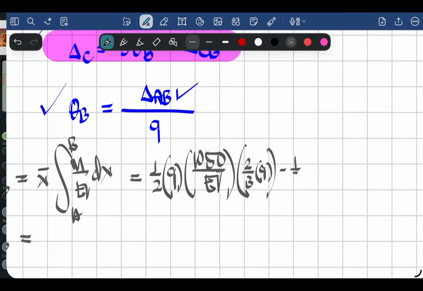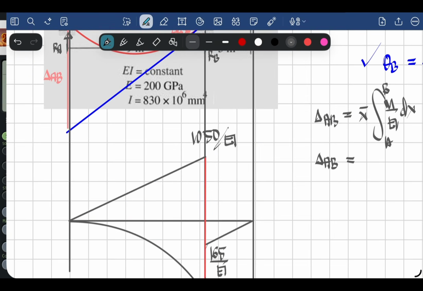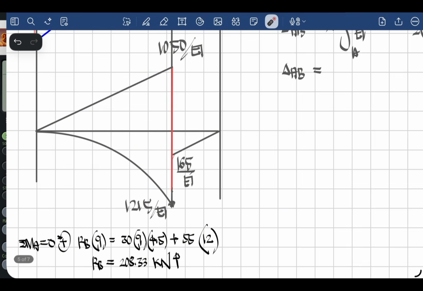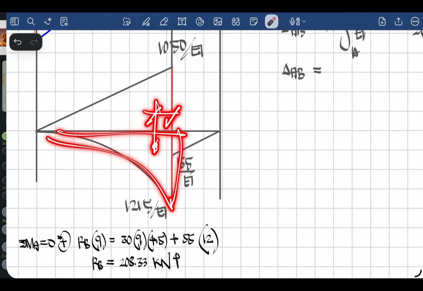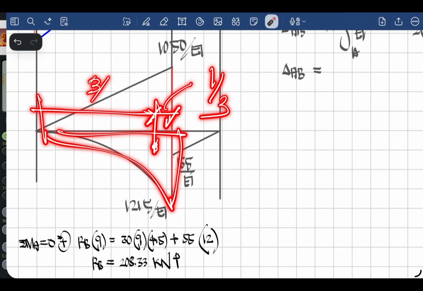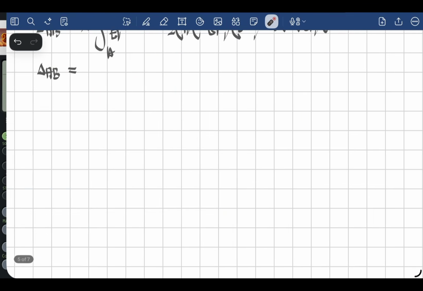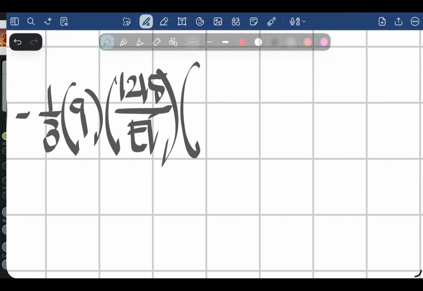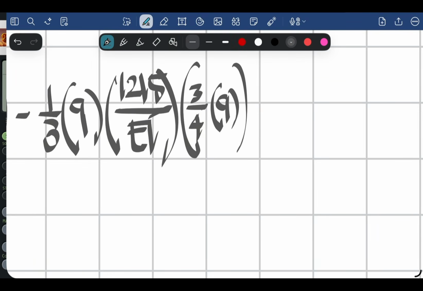Minus 1/3 base, height is 1215 over EI, times the perpendicular distance. For this area, measured also from point B it is 1/3, so toward A it is 3/4 of the base. So this perpendicular distance is 3/4 of 9.